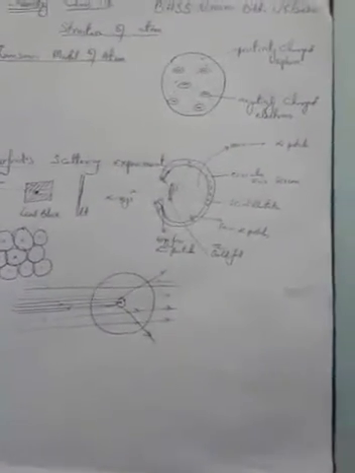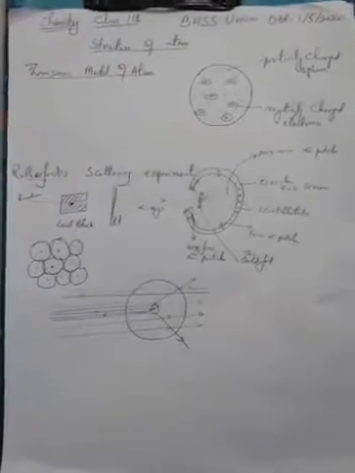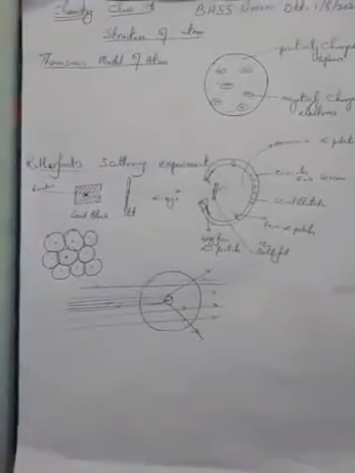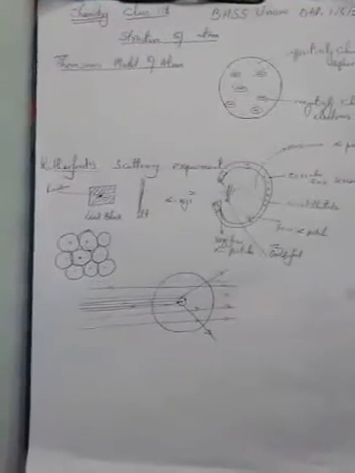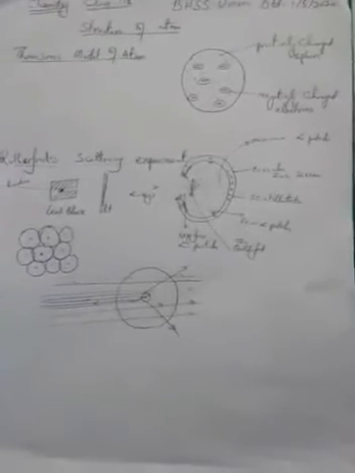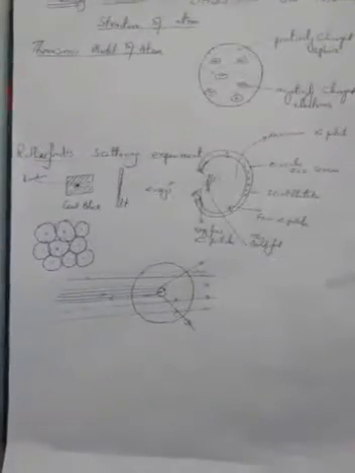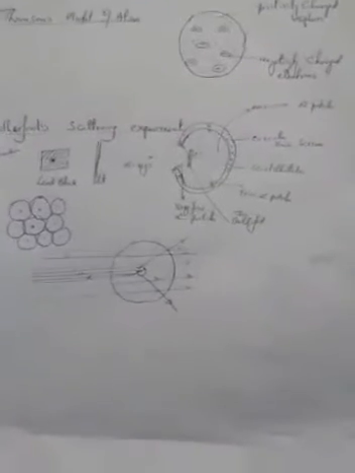Now it was J.J. Thomson in 1898 who put forth his model of atom, which is called Thomson's model of atom, to account for the position of these particles, that is electrons and protons in the atom.